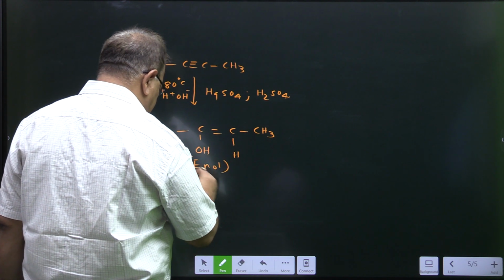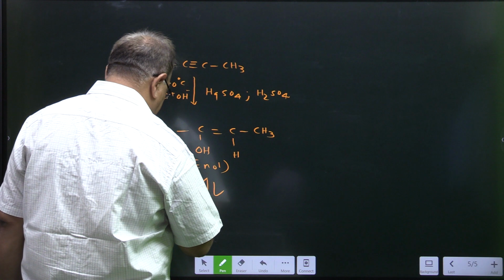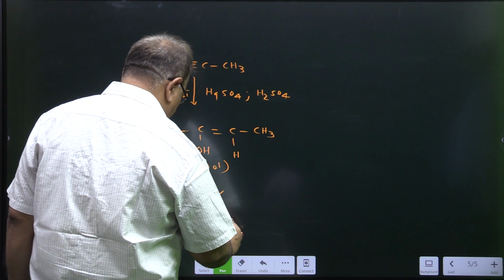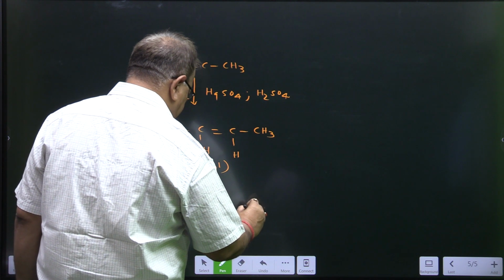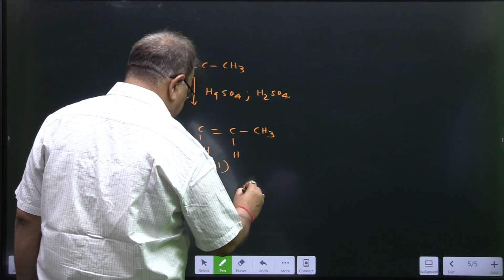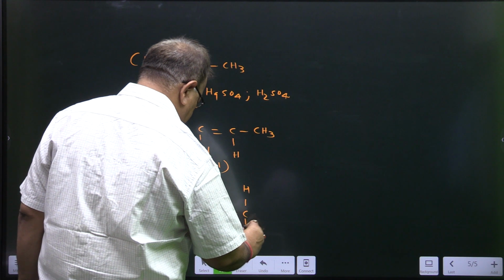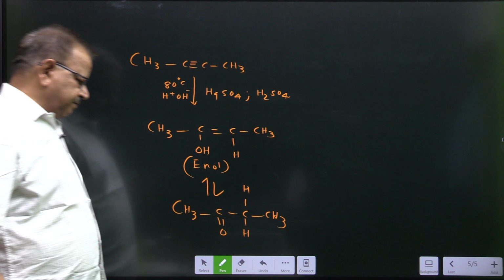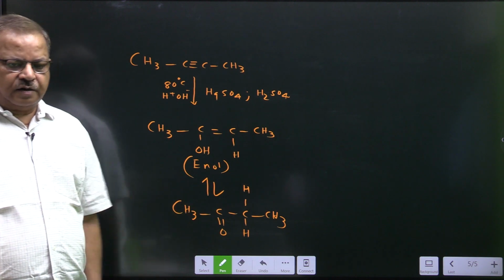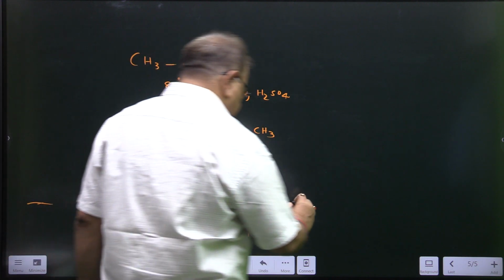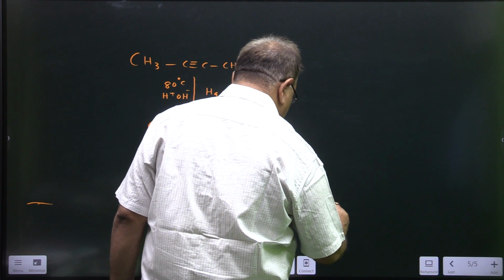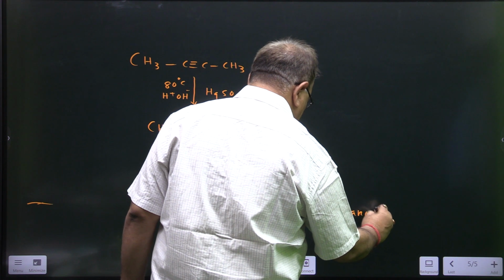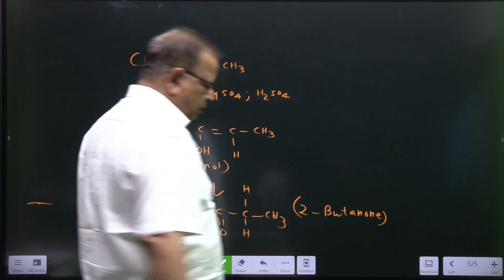It will be tautomerized and finally we will get CH3, C double bond O, CH2, CH3. It's 2-butanone.